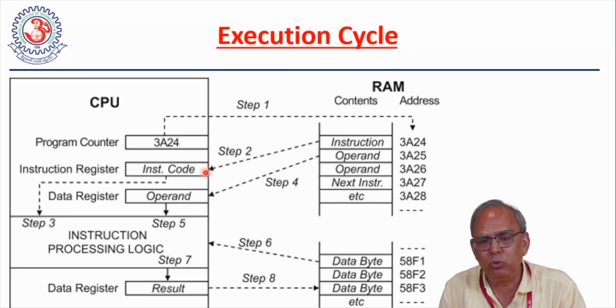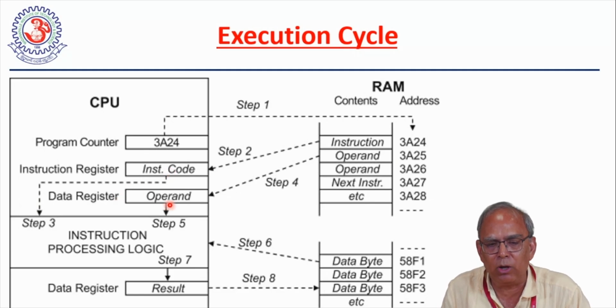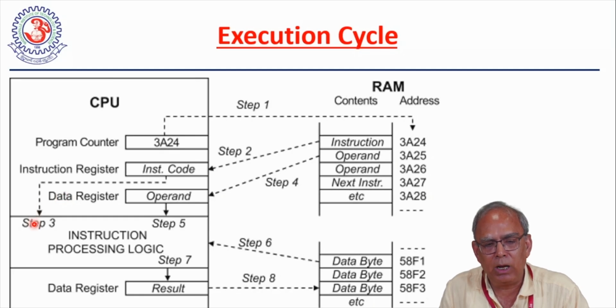Now in step 2, once the program execution starts, it fetches the instruction. Within the CPU we have the instruction register here. So the instruction code is loaded within the instruction register. Now in step 3, because the instruction will require the operands also, the operands are loaded in the data register. So that is your step 3.